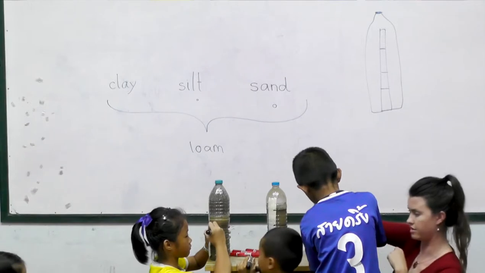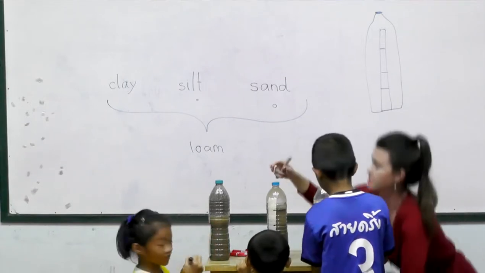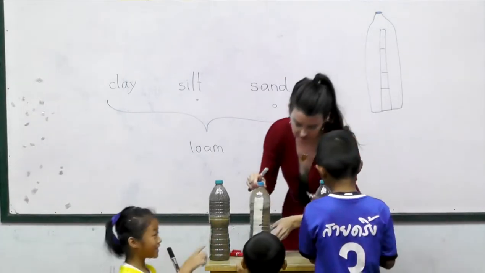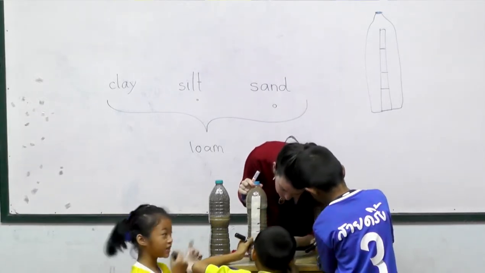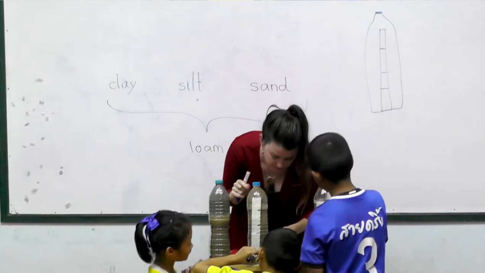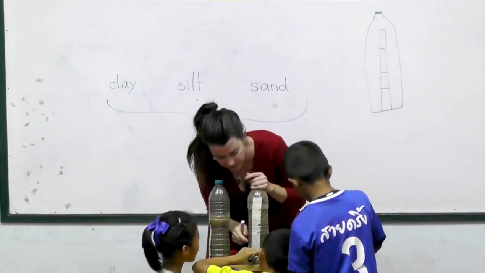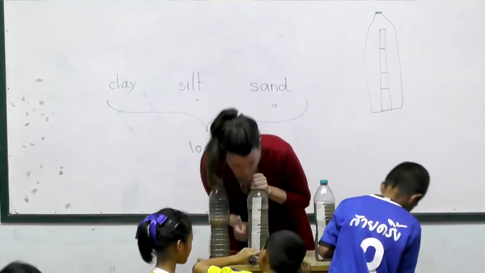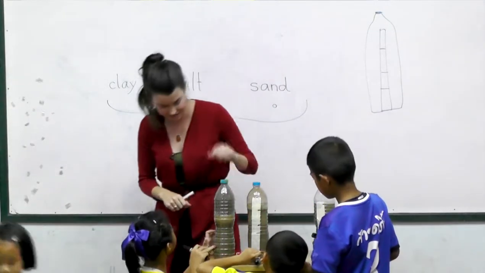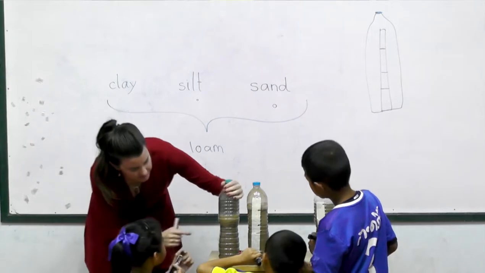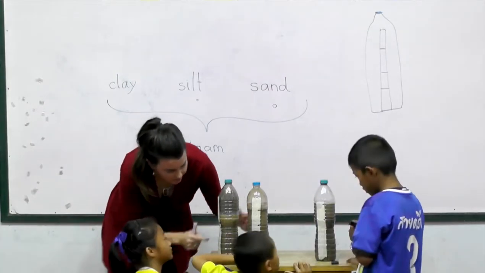You might need this end of the marker. Where do you think that sand starts to get bigger? Okay, let's take a look and put a line. Very nice. Great job.